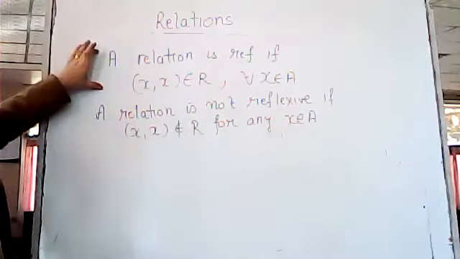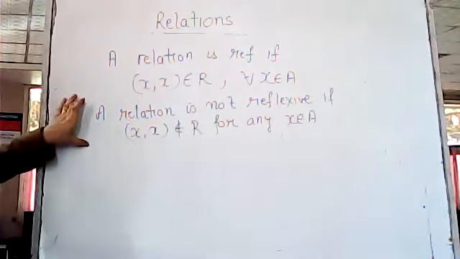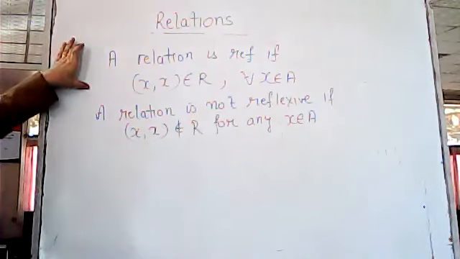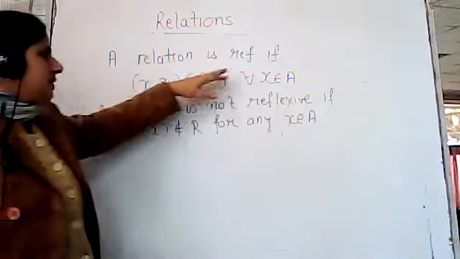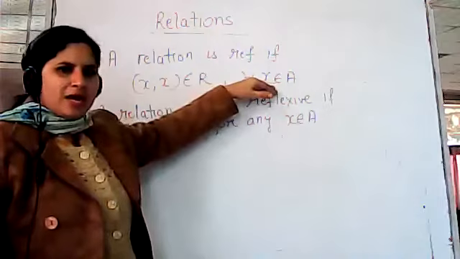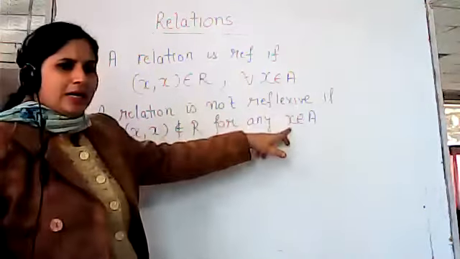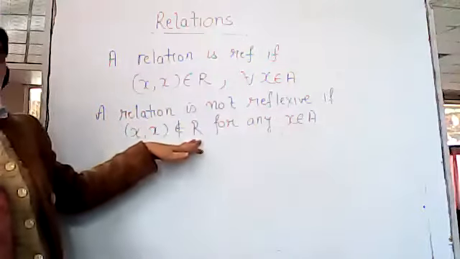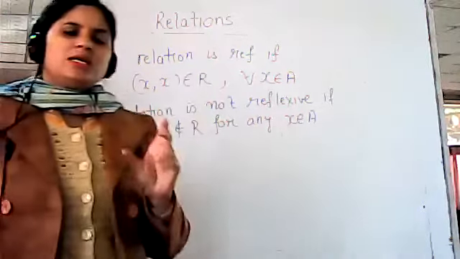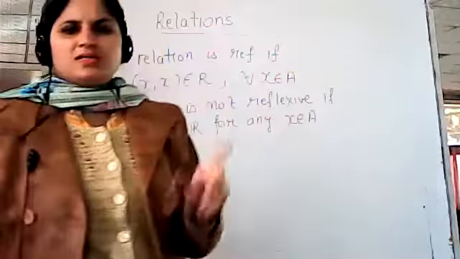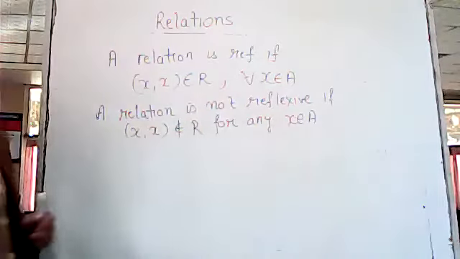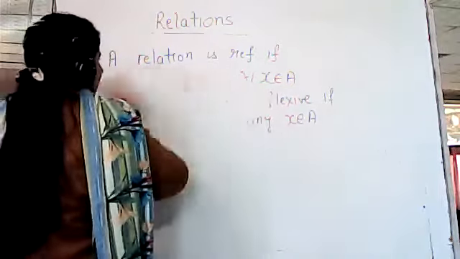So beta, write down these 2 important points. The relation will be reflexive when this condition is satisfied for each and every element. But if there exists even a single element in set A for which this condition is not satisfied, then you will say the relation R is not a reflexive relation. So this is all regarding reflexive relation.